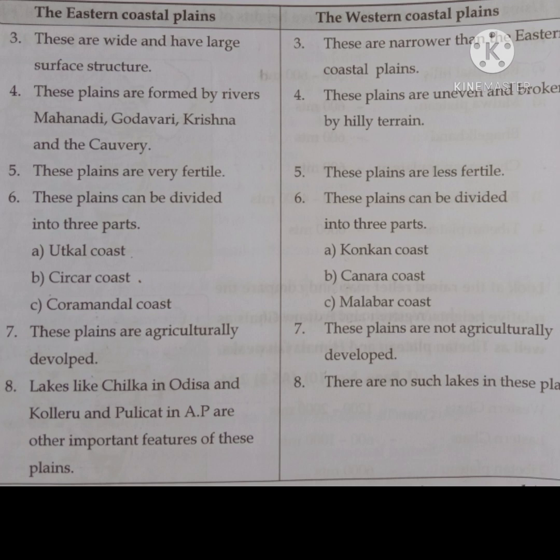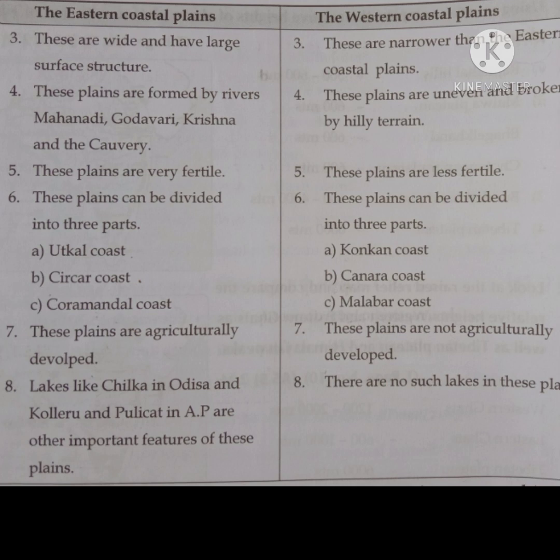The eastern coastal plains can be divided into 3 parts: Utkal Coast, Sirkar Coast, Coromandel Coast. The western coastal plains can be divided into 3 parts: Konkan Coast, Canara Coast and Malabar Coast. Next, the eastern coastal plains are agriculturally developed, but the western coastal plains are not agriculturally developed.